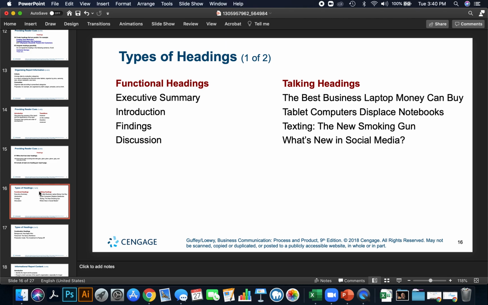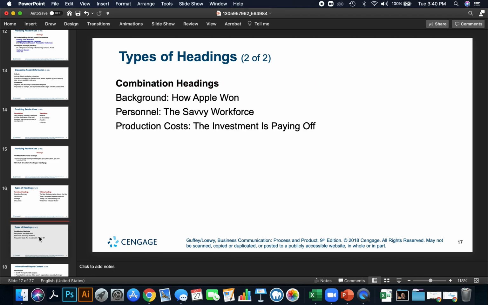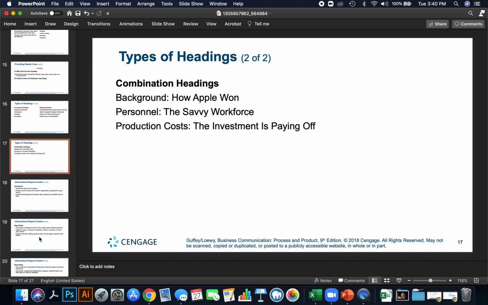You see how these differ? Talking headings are often very popular with web because they're rich with keywords. Combination headings, using a traditional heading such as background and then using a talking heading in addition to it.